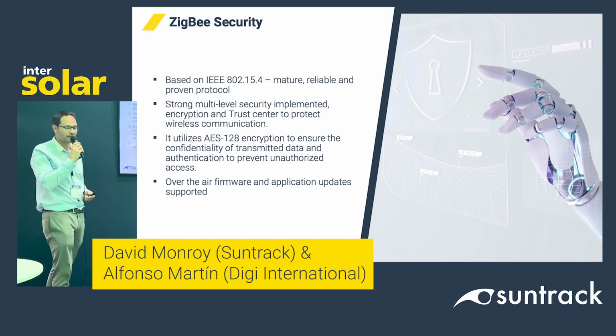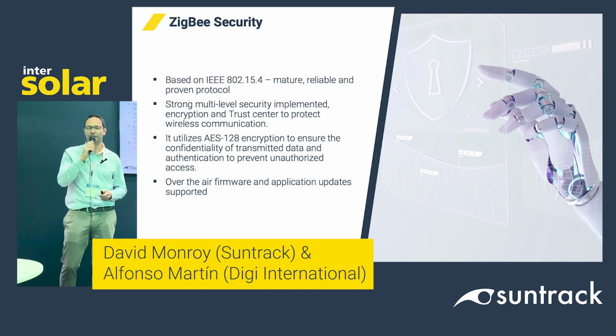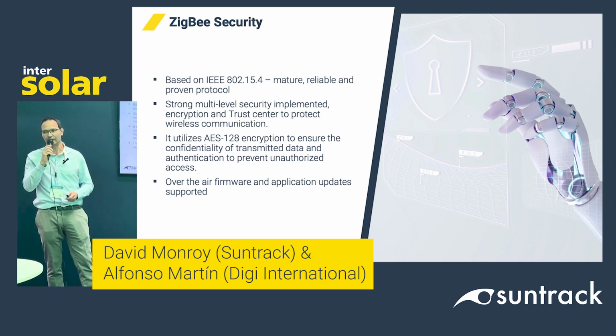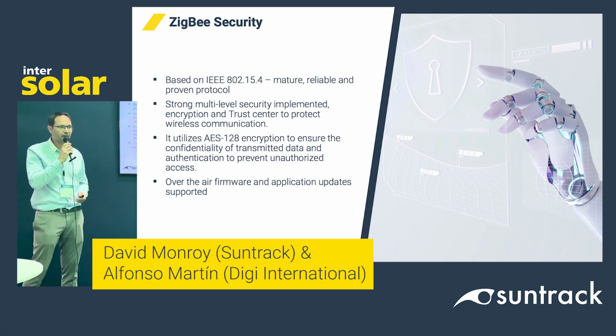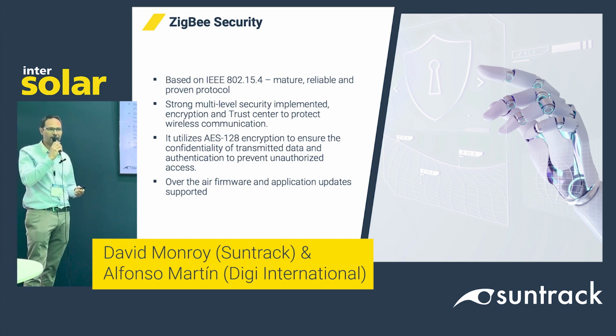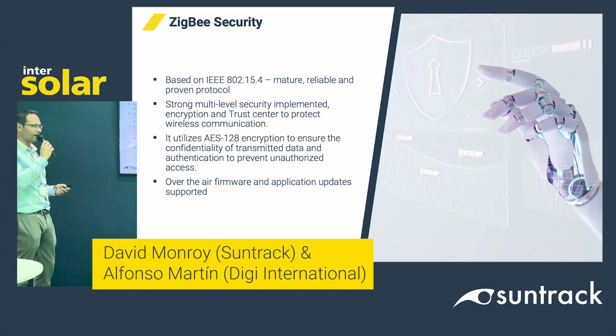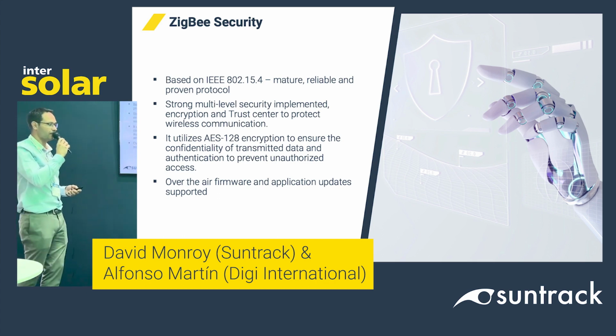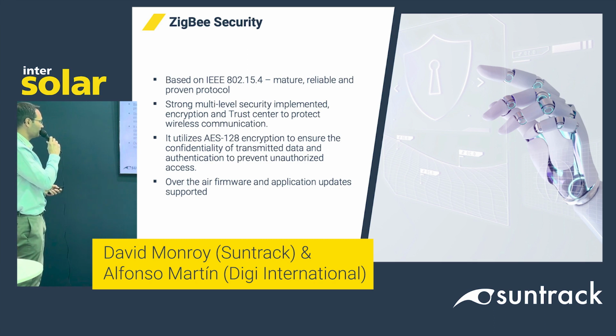And last but not least, because as everybody knows, being secure today does not mean secure tomorrow, you can make firmware updates over the air. So if a vulnerability or a big problem appears and is detected, you can update the firmware and you will be compliant with the latest Zigbee protocol.